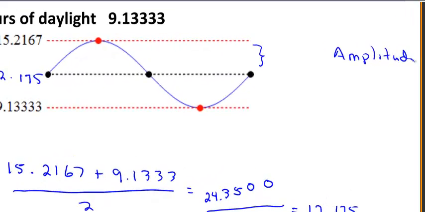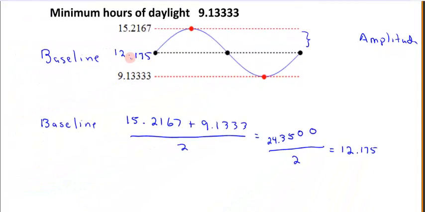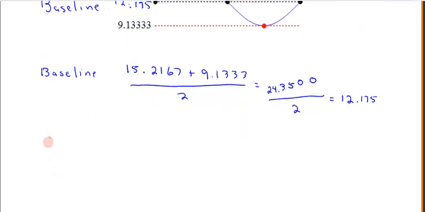The amplitude would be the distance between the baseline and the top, the crest, or the distance between the baseline and the trough. Or we could take the distance between the trough and the crest and divide it by 2, which is what I'm going to do.